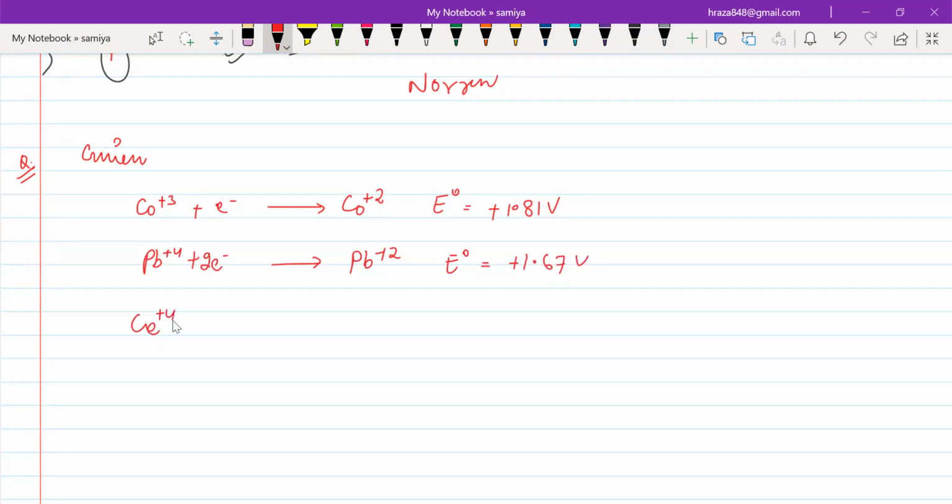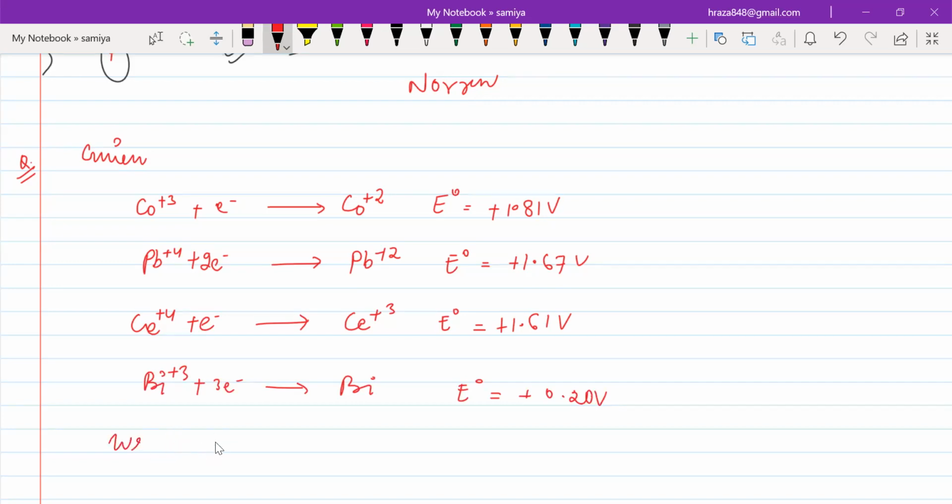Ce4+ gains 1 electron and goes into Ce3+, which has E° value +1.61 volt. Now Bi3+ gains 3 electrons and is converted into Bi, and it has an E° value of +0.20 volt.